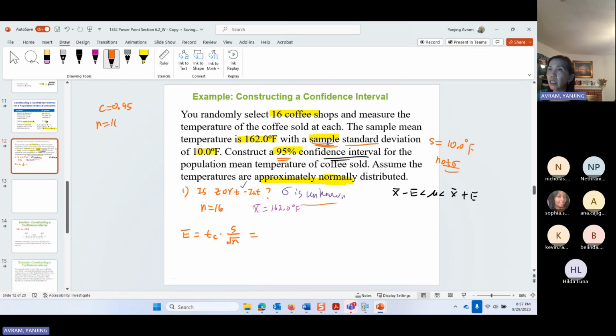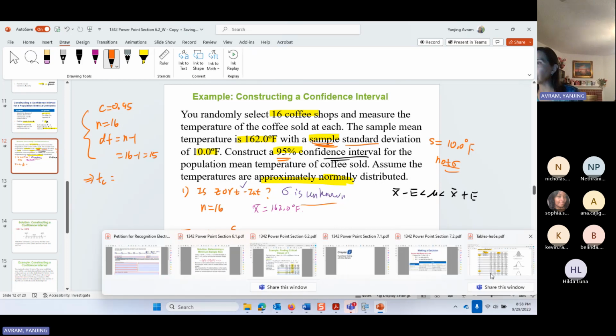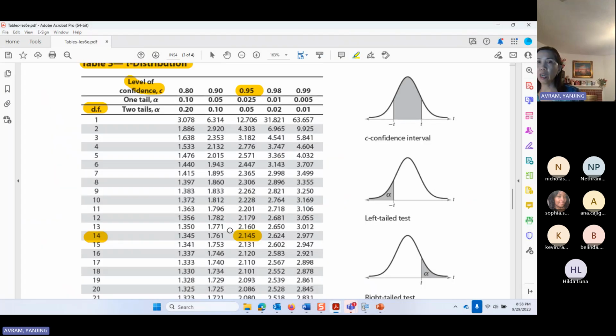My n here is 16, so I need to use the df. Since we want to find a T interval, the degrees of freedom is n minus 1. So 16 minus 1 is 15. All of this is to find the t sub c. So let's go to the table to look at the t sub c.